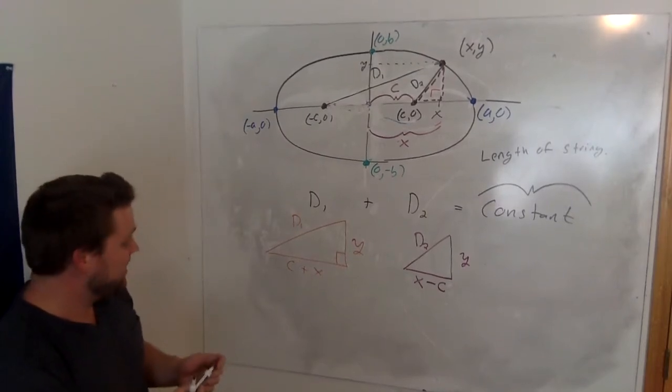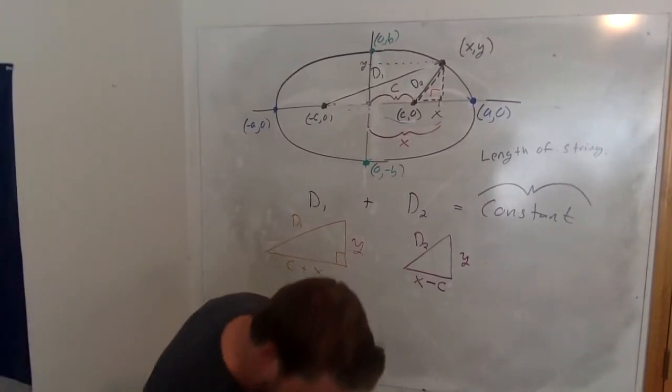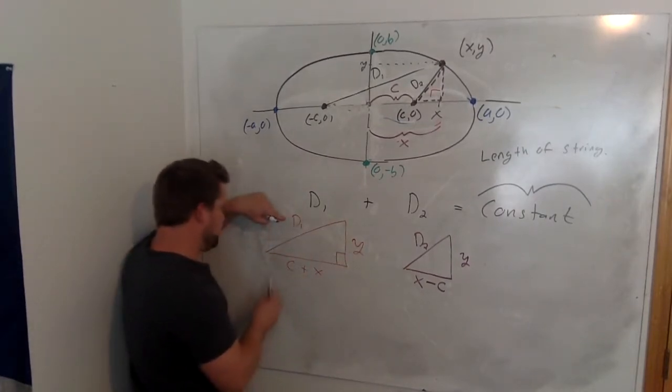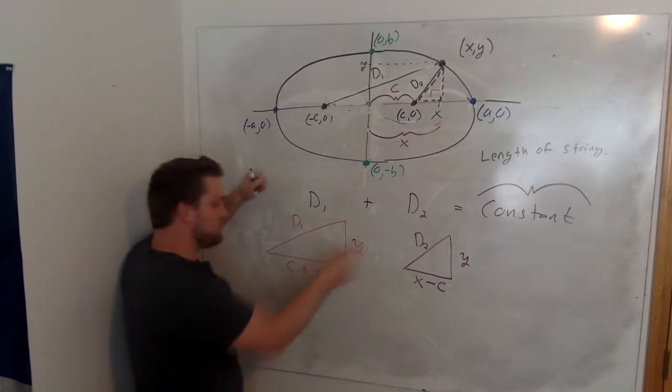Beautiful. Now let's use the Pythagorean theorem. The square of the hypotenuse is equal to the sum of the squares of the legs.